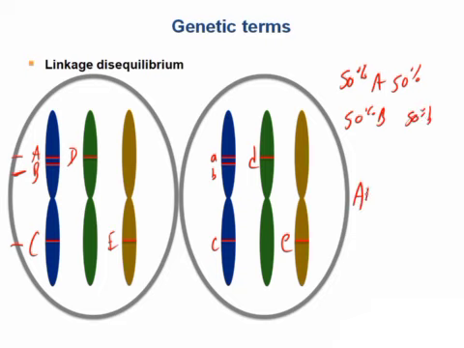Now by normal Mendelian genetics, among all the chromosomes in the population, you would expect to have about 25% of each combination of B's and A's. However, since big A and big B are in linkage disequilibrium in the population, you might actually see a lot of chromosomes with big A's and big B's, and a lot with little a's and little b's, but hardly any with a combination of the two.